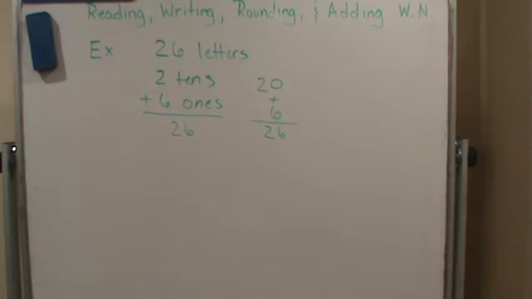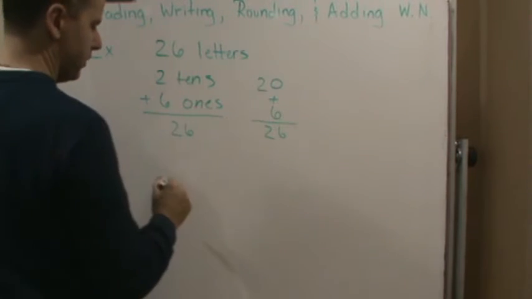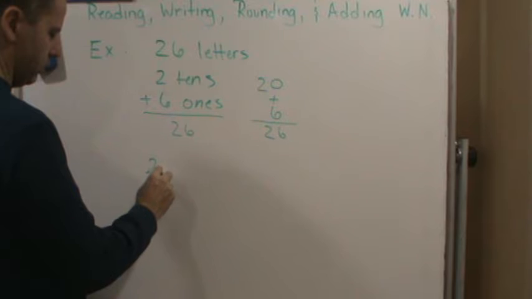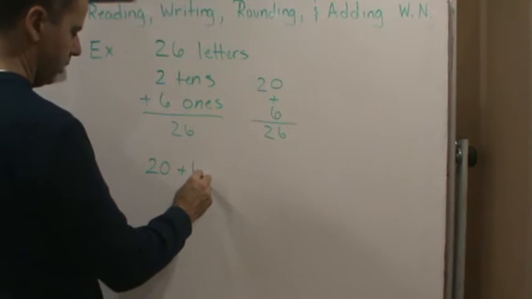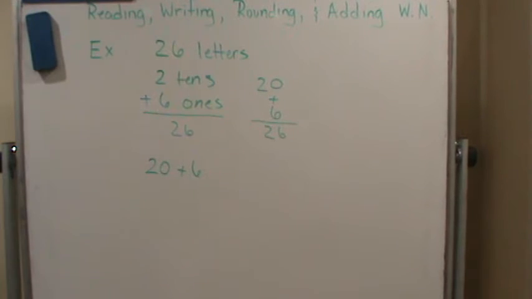Now, this is called expanded form when we write it out in terms of 20 plus 6. Because notice that our system goes by groups of 10, and our system is a place value system. So what we do is we group them by place value.